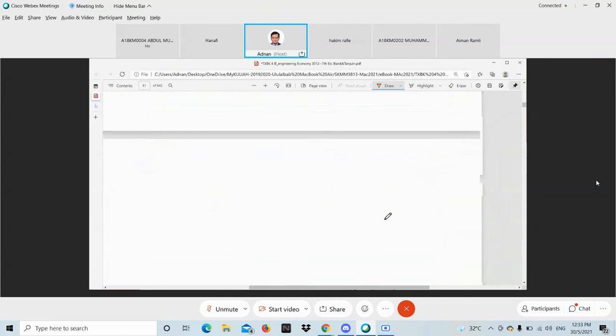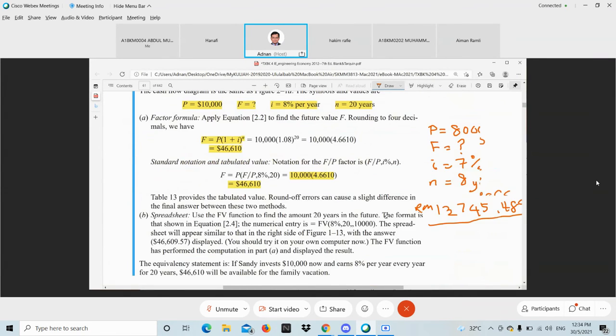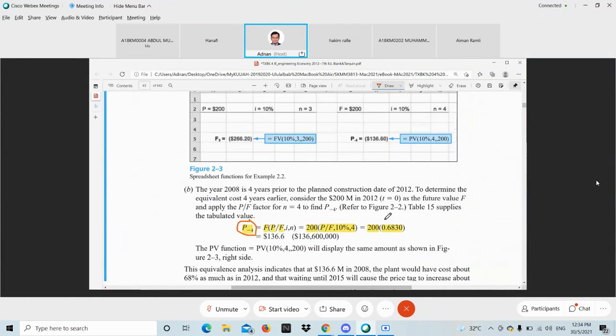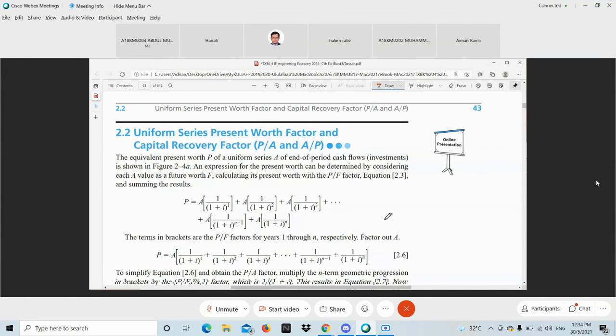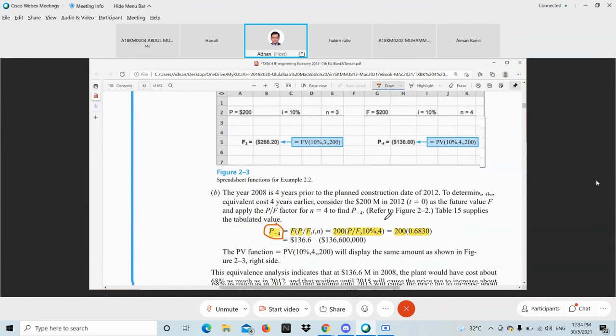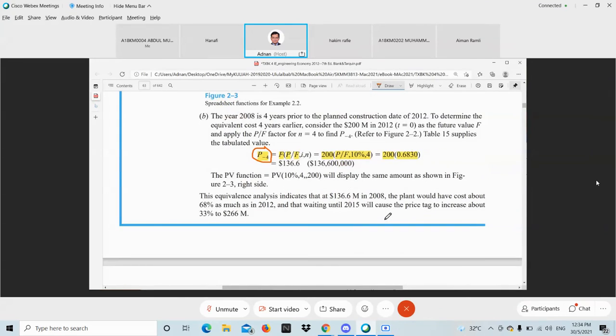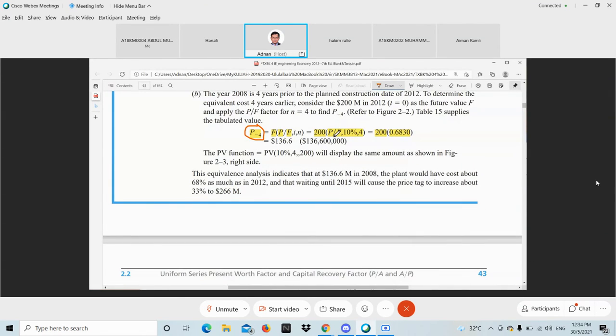Alright, so I think I've done this part. This one we already know, formula 1, here 1 plus, how many percent just now? 10%, 0.1.